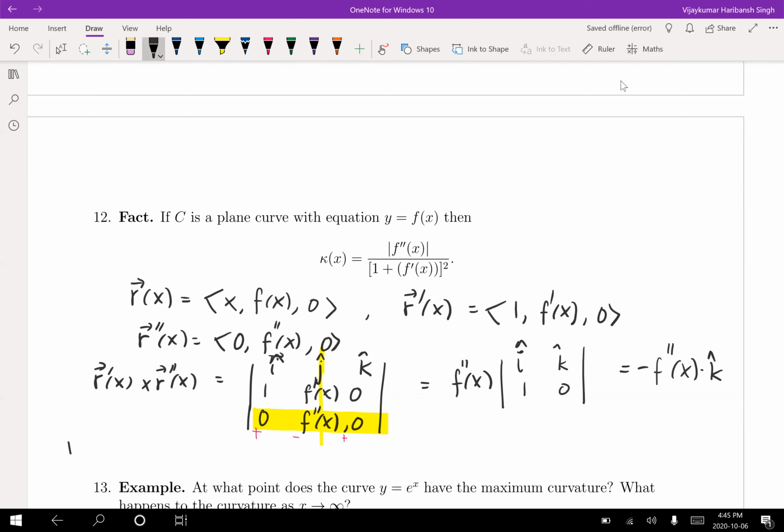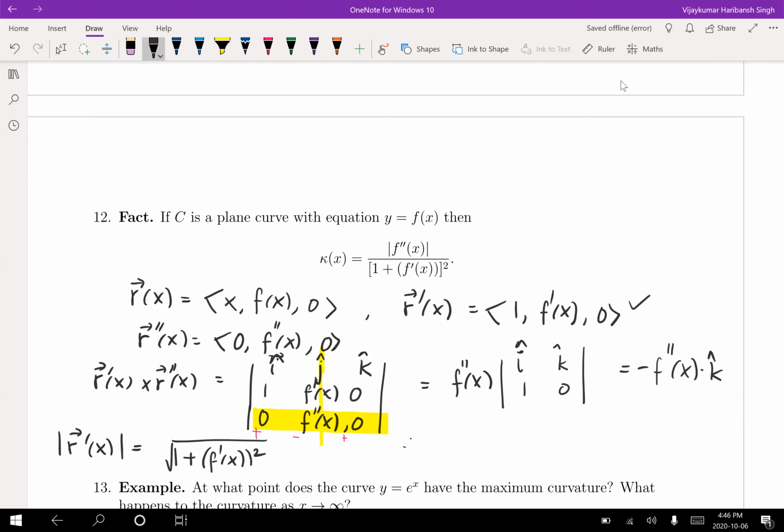We already know what r prime of x is, and its length is the square root of 1 squared plus f prime x, the whole squared.